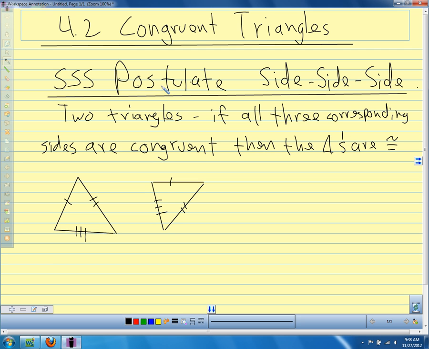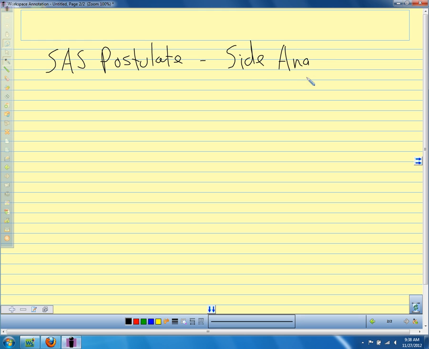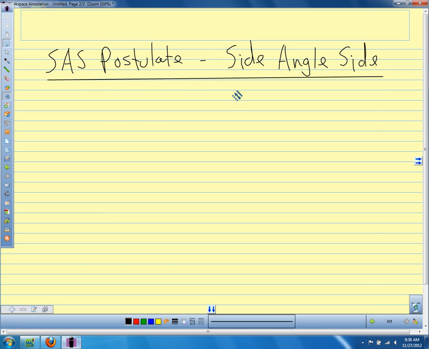All right, the next one down is the SAS postulate. SAS stands for side, angle, side. And what this tells us is we have two triangles.